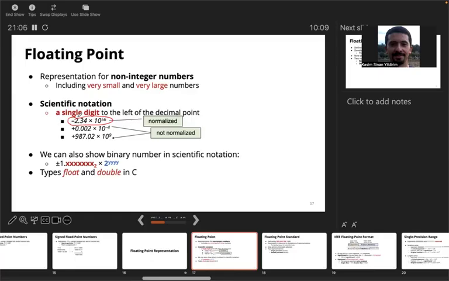What is a normalized representation? As you see, we have one digit, a point, and the rest of the number, multiplied by a power of 10. So this is scientific representation. If we convert numbers into this form, we can encode them in a more efficient way using the representation that I'm going to present.